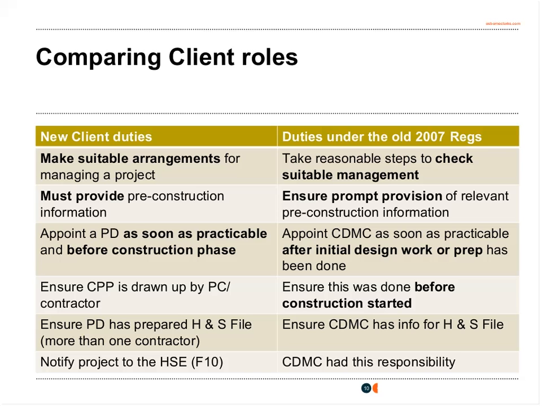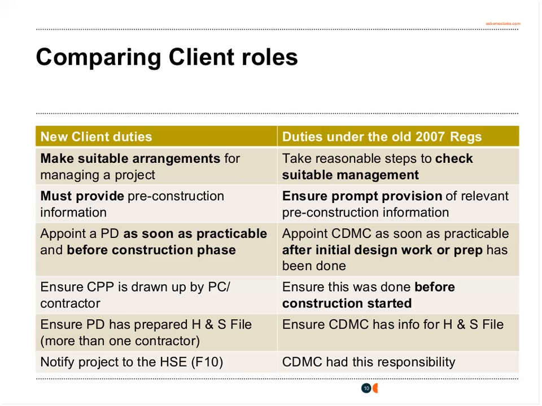The arrangements that the client needs to make must be proportionate to the size of the project and the risks involved with that project. The client should be considering whether it would be appropriate to prepare a brief to notify all members of the team of the proposed project and its intentions. And at this stage, the client also needs to begin assembling the project team.